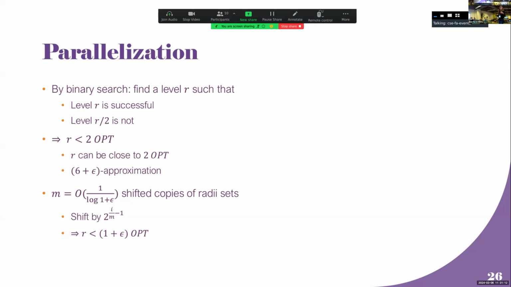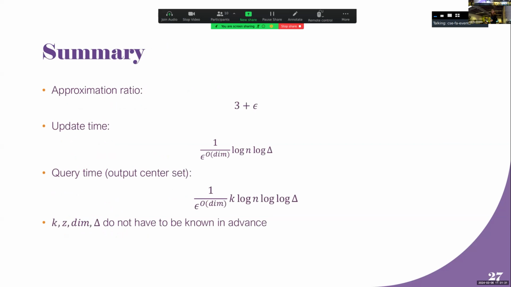So together with the greedy 3 approximation, this only leads to a 6 approximation. But if we do this clever shifting of the radii sets, then we can find an R that is upper bounded by 1 plus epsilon times the optimal solution. And this is how we would get the 3 approximation.